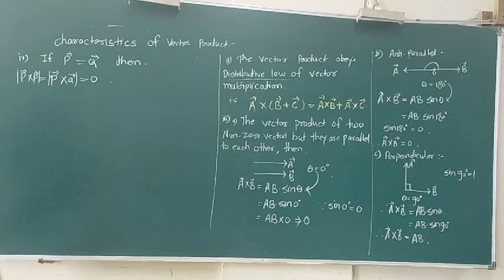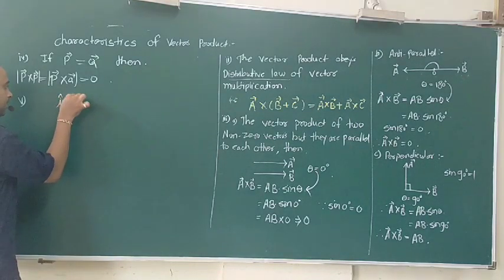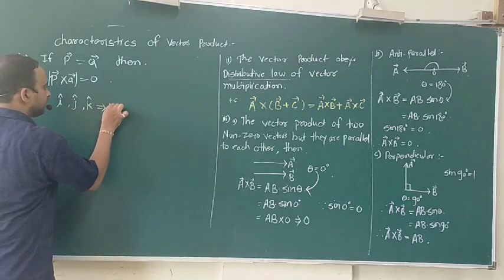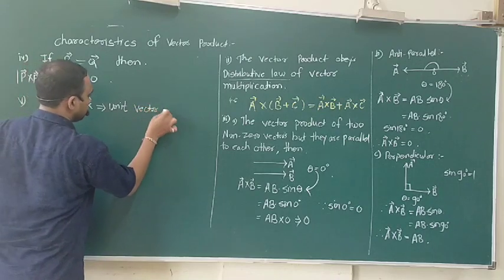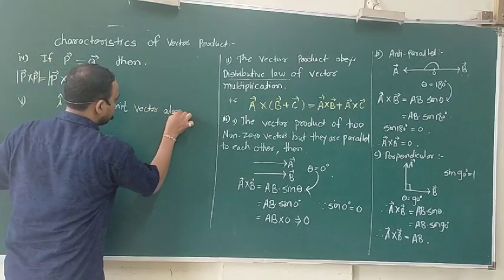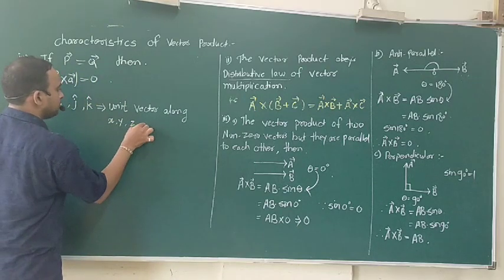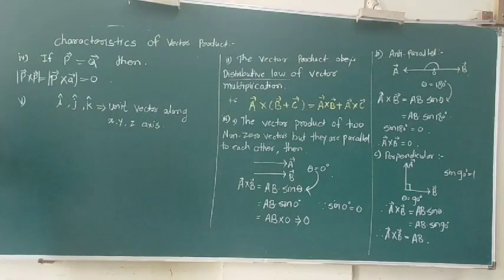Okay. Now the next property. We know that I cap, J cap and K cap are unit vectors along the x, y and z axes.